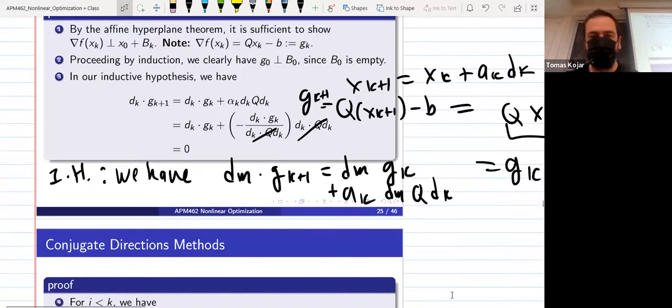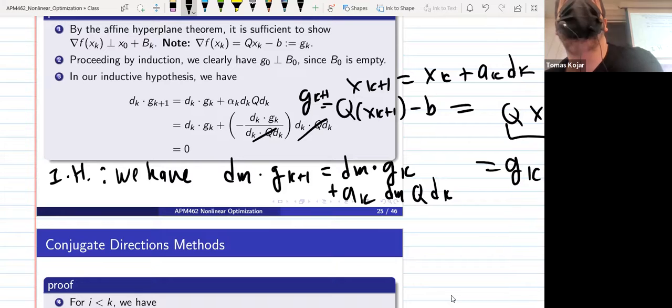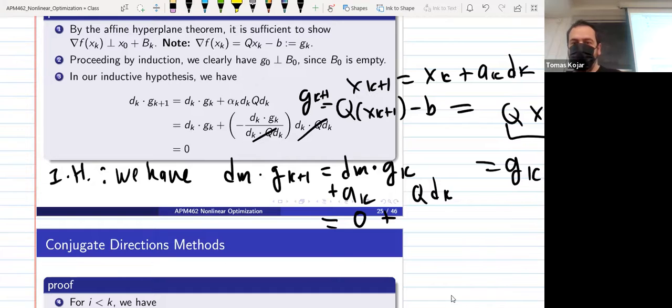Why is the first term 0? And what about the second term? Yeah, beautiful, good job.